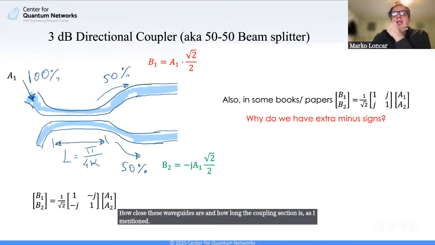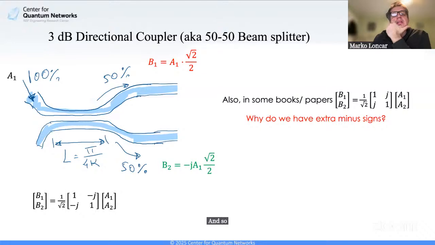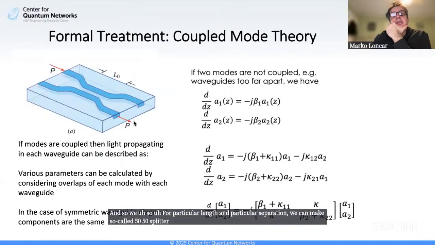And so for a particular length and particular separation, we can make a so-called 50-50 splitter. Okay, and this is a very useful one, as I'm going to show you. And you'll have to believe me on some of these constants I'm going to throw at you, but they follow this coupled mode theory formalism.